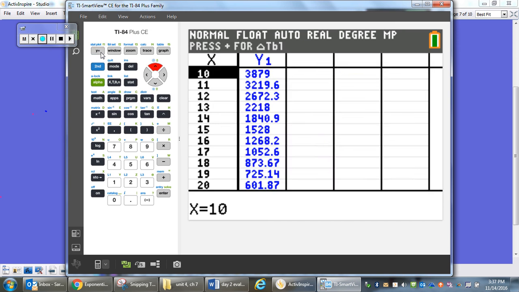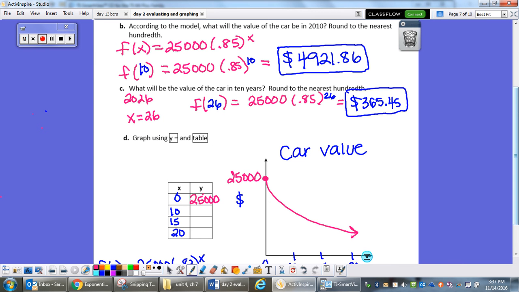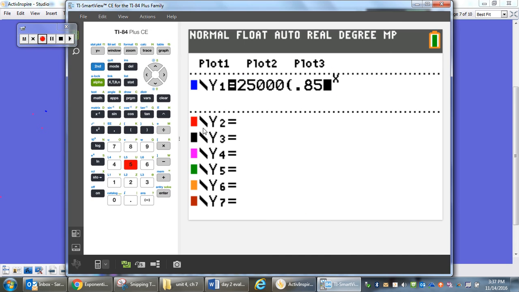Let me check my 25,000. Oh dear, look at that. I put 8.3, and I think I've been saying 8.3. Holy crap. It is 0.85. Yes, even I, folks, make mistakes. I am not perfect.